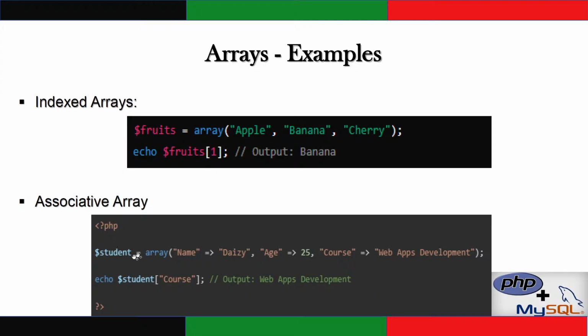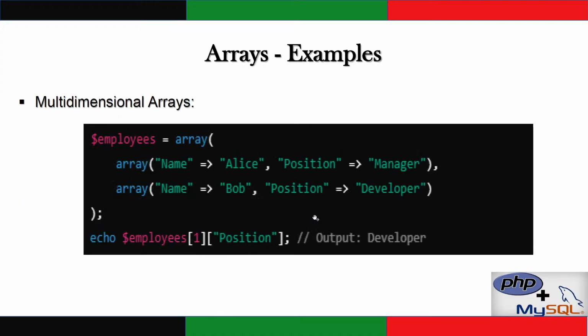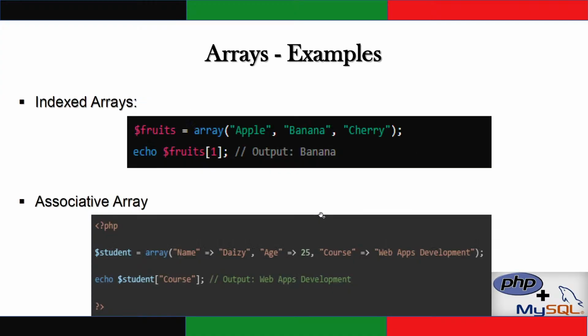Still, we give the name of the array and then the array function, and we can pass in the name-value pair. So the name, the age, and the course are basically our keys that you're going to use later on.